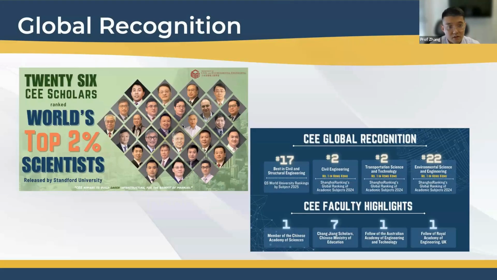So more than 50% of our faculty members belong in this group. In CEE faculty, we have one member of the Chinese Academy of Sciences, 7 Changjiang Scholars granted by the Chinese Ministry of Education, 1 fellow of the Australian Academy of Engineering and Technology, and 1 fellow of the Royal Academy of Engineering in the UK.